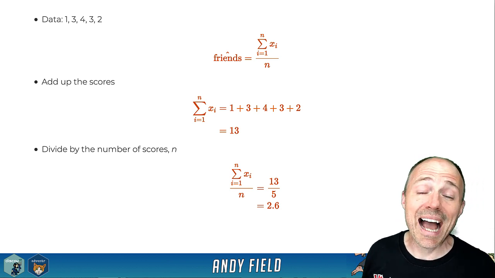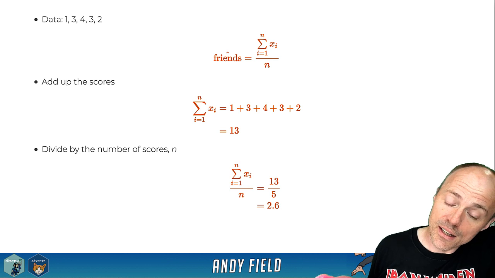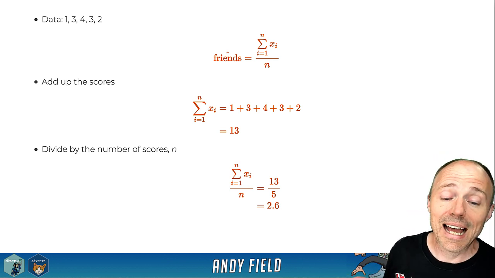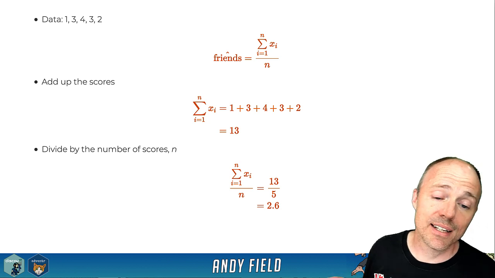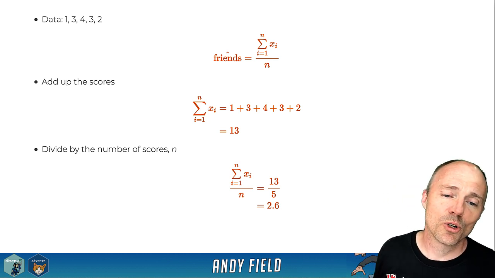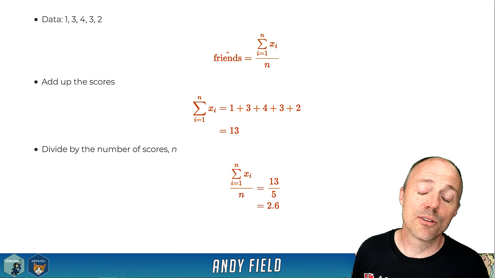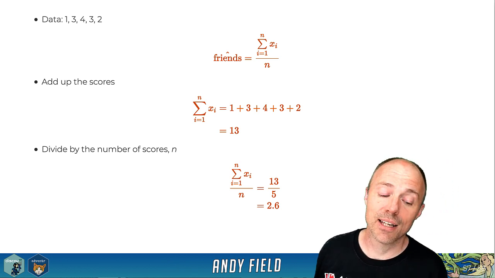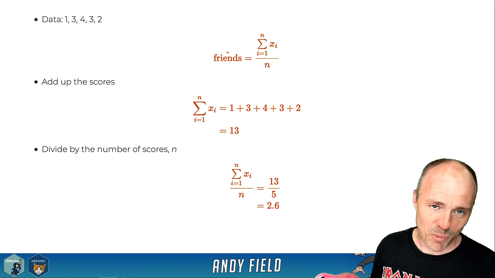That's not a value that actually occurs in the data. So that mean, or that value of the parameter, always has error. There is no one in the data set that actually had a score of 2.6. So for every person in the data set, the predicted value of 2.6 is incorrect. There's error associated with it. And that's an important thing to bear in mind.